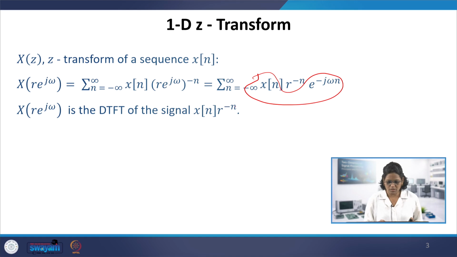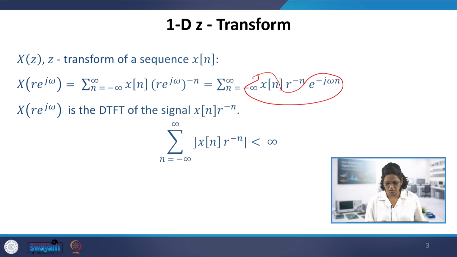So this sequence x of n r power minus n, the DTFT represents X of r e power j omega. The convergence requires that this magnitude be less than infinity. As we said, in this whole sequence z power minus n, the e power j omega n part contributes only the angle.